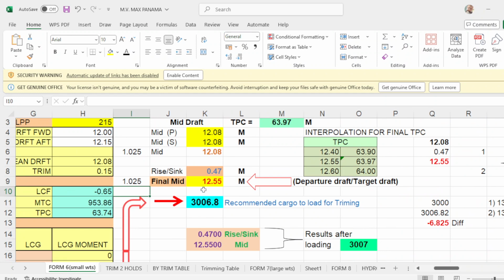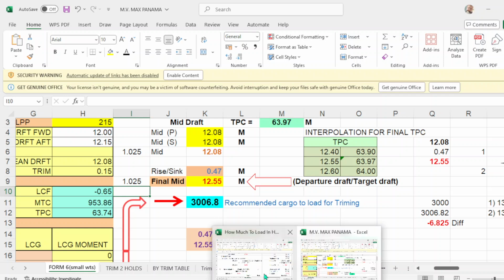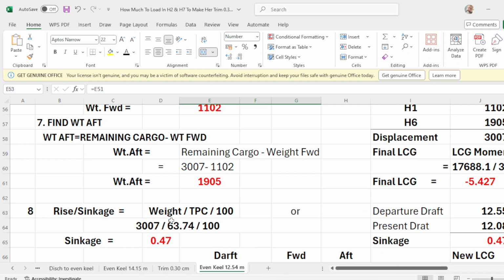So your final departure drop minus your present drop will be 0.47 meters, which is your sinkage. And by Excel, this is the formula: weight over TPC over 100. So your weight is 3007 divided by TPC of 63.74 divided by 100, and your sinkage will be 0.47.